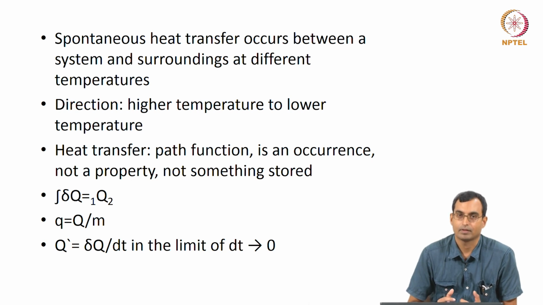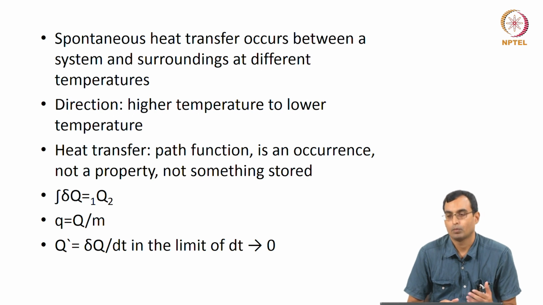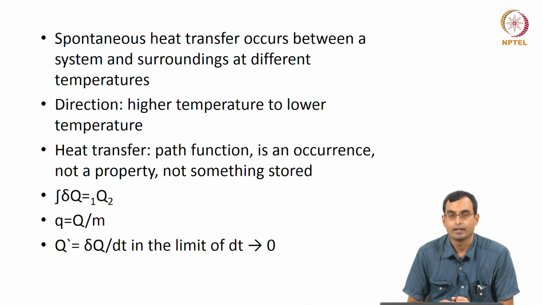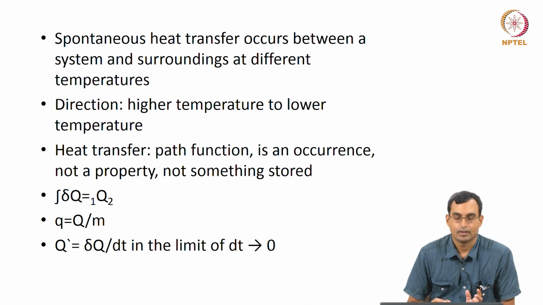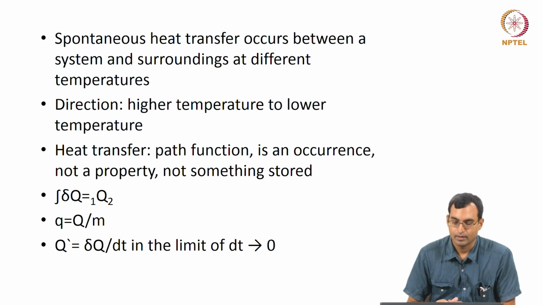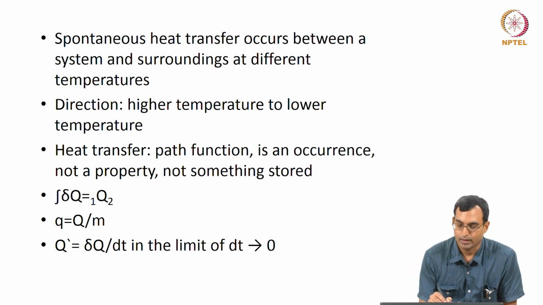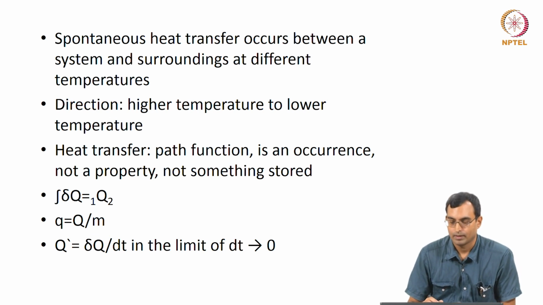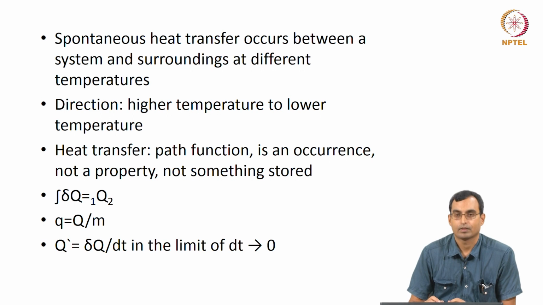Since it is something which happens when we are moving from one state to another, it is not something which is stored. It is something which happens while a process is going on. These are things which we also discussed in the context of work, and all of them are also valid in the context of heat. So, it is a path function, it is not stored, and so on.